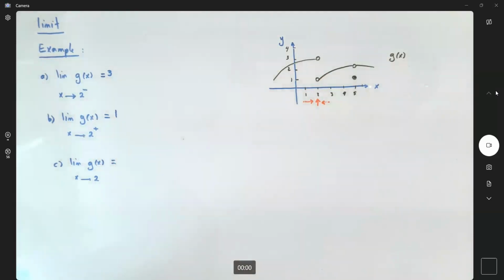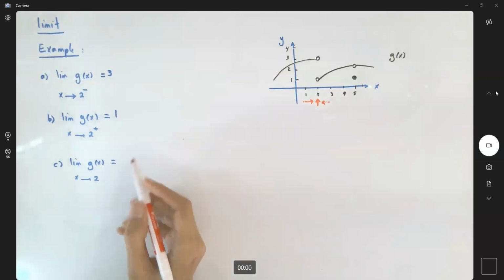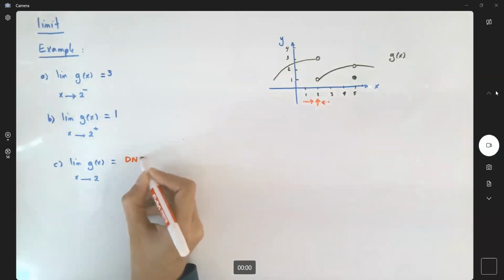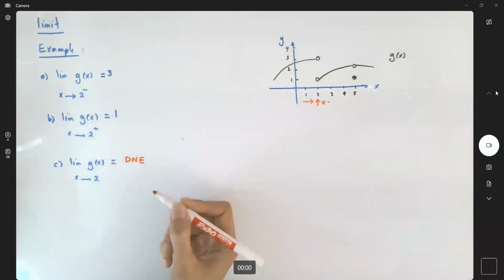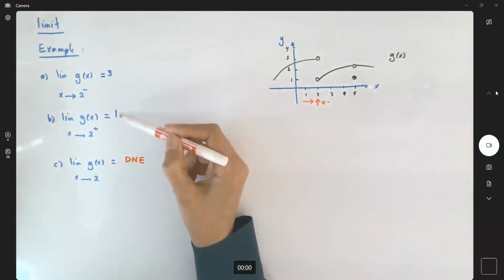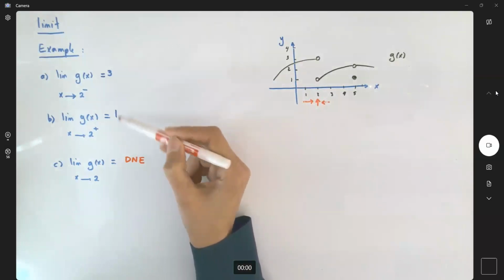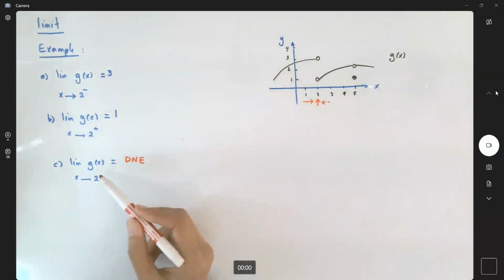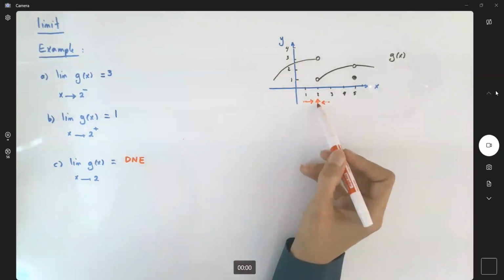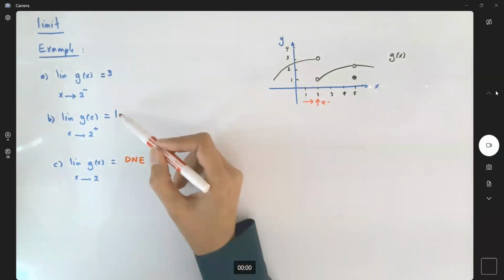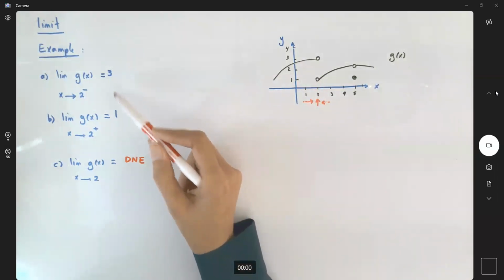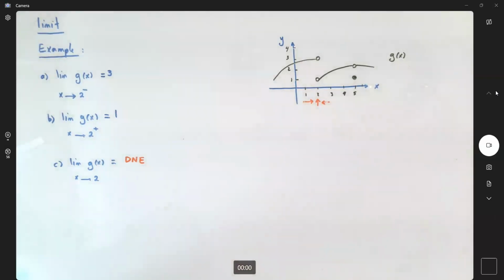Well, the answer is it does not exist. Why? You have 2 different y values. They are not equal to each other. So the limit at 2 doesn't exist. It must be a unique numerical value.